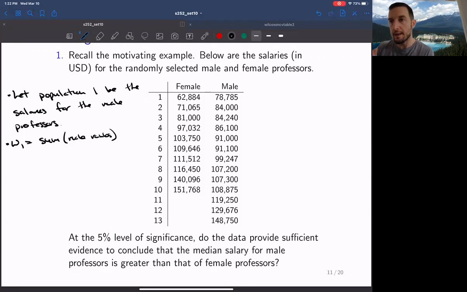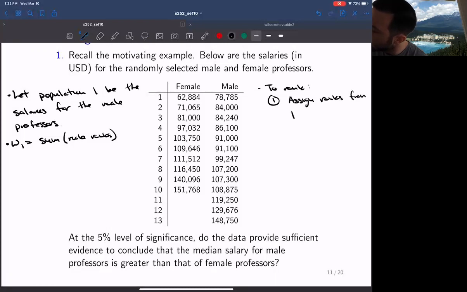Now, when we rank data in a rank-sum test, we rank it as a whole. Instead of ranking each population separately, we rank from 1 to the total value. So step 1, assign ranks from 1 to n1 plus n2. In this case, that means we're going to assign ranks from 1 to 23.